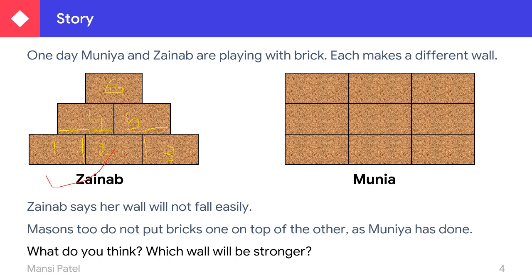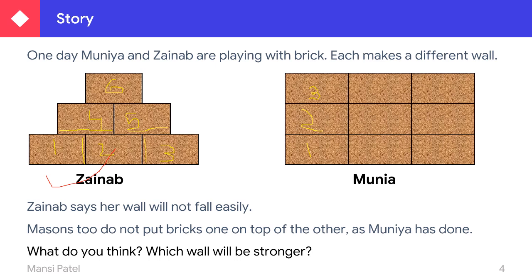So this is another reason why Zainab's wall was stronger. When you compare Munya's wall, she is just putting all the bricks on the top of one another. First, second and third.